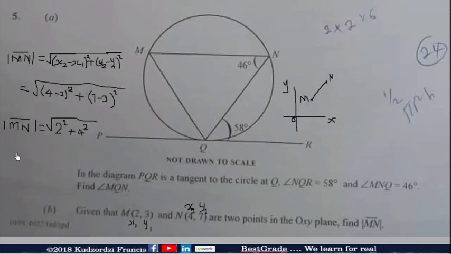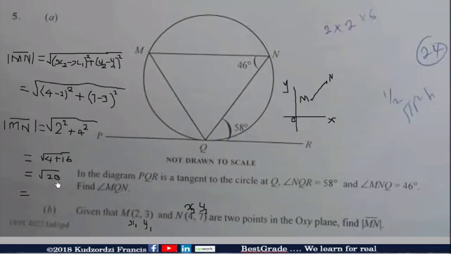And this will be equal to the square root of 4 plus 16. 4 plus 16 gives us the square root of 20. Now we are not asked to round it, so we leave our answer in simplified form.